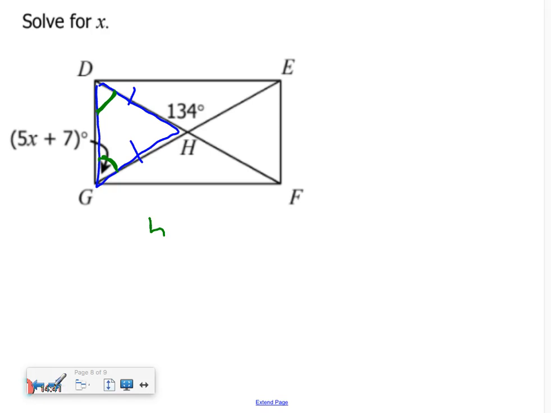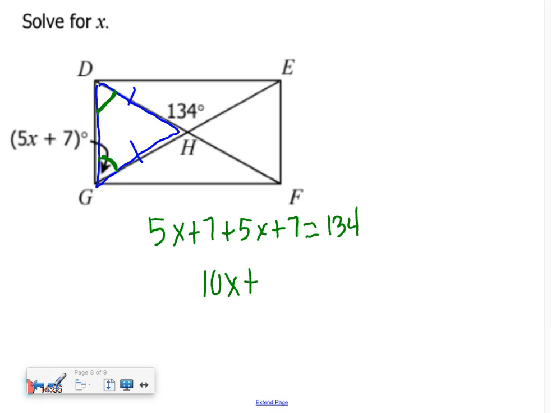That's one way to do it. Okay, let's solve that. 10x plus 14 equals 134. 120. Divide out. What do you guys get for x? We should get 12.